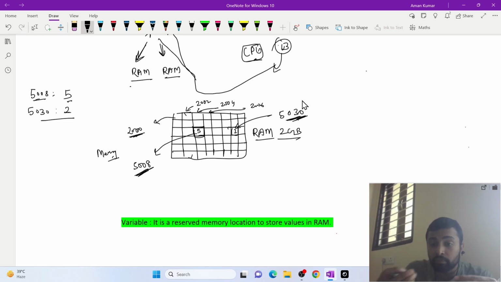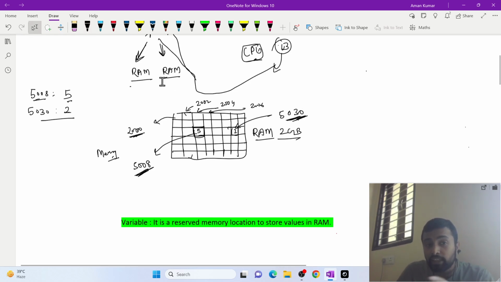Why are we saying it is rigid? Because until we delete this location, this value will stay stored until it is deleted. So nobody can store any other value at this memory location. That is the meaning of rigid.